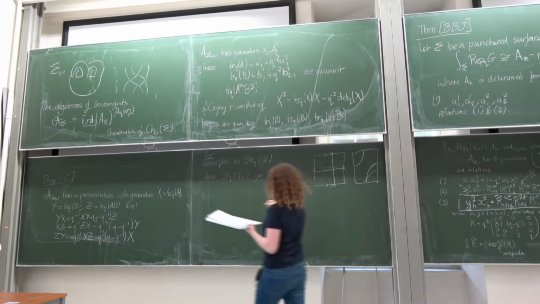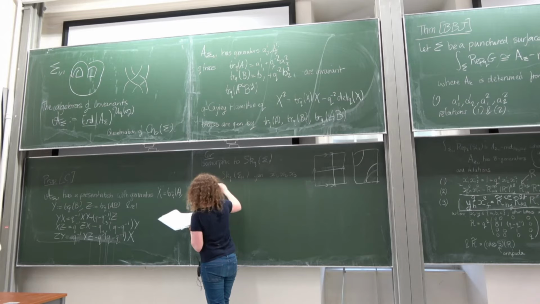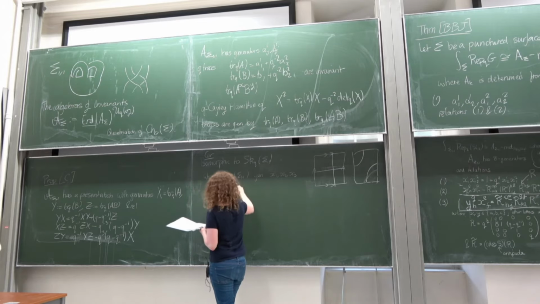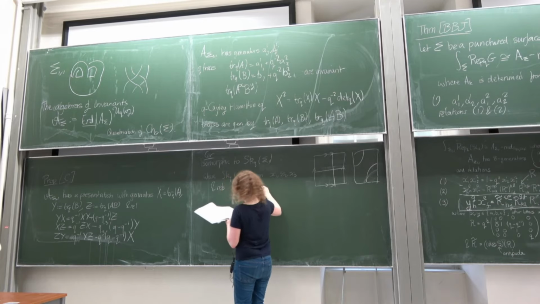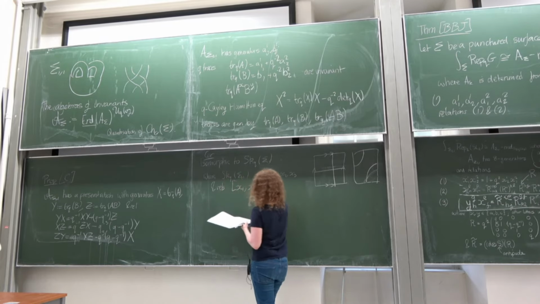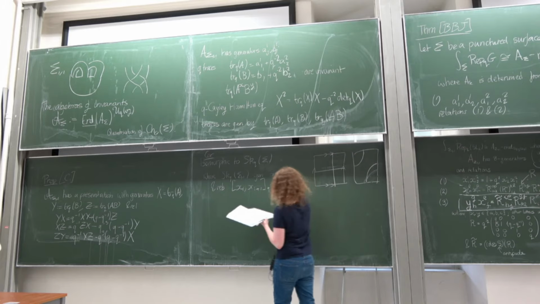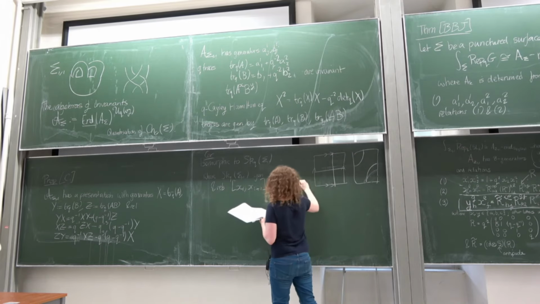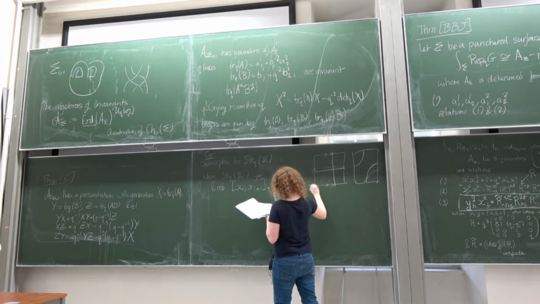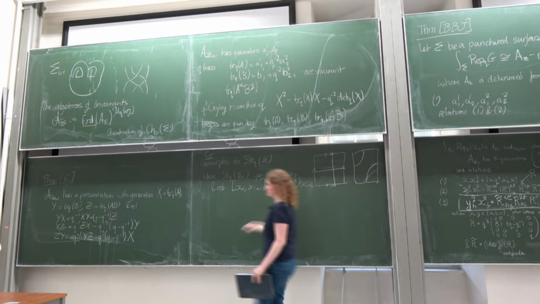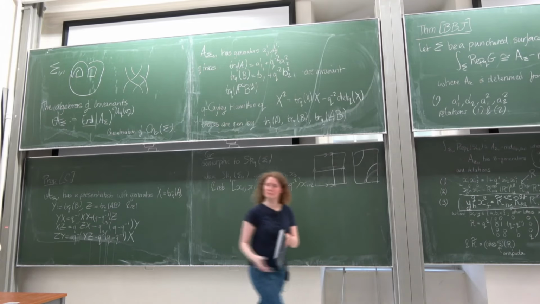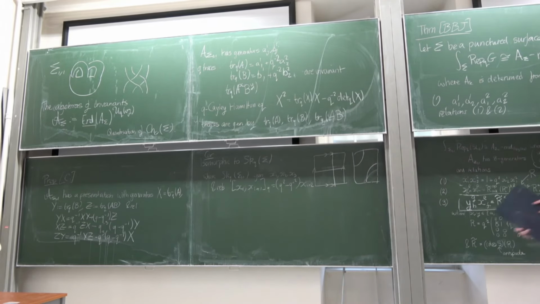And relations, which are just the quantum Lie bracket. So this isomorphism is just, look at it, maybe scale some of the generators by a power of q.